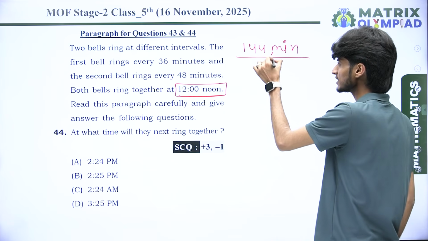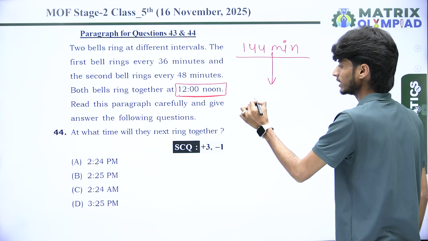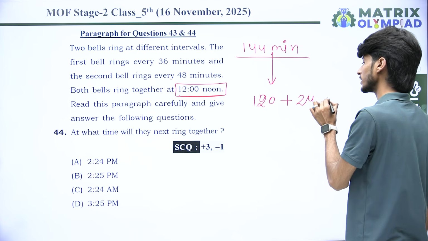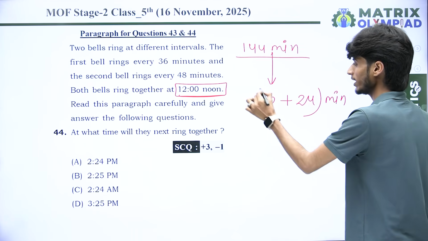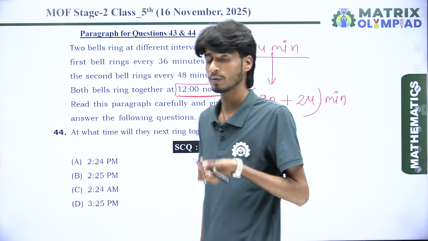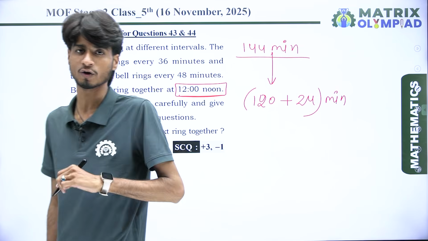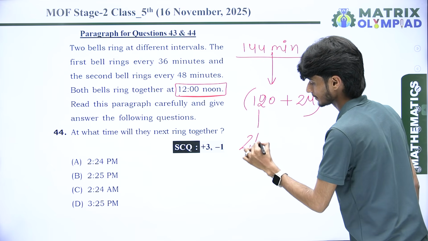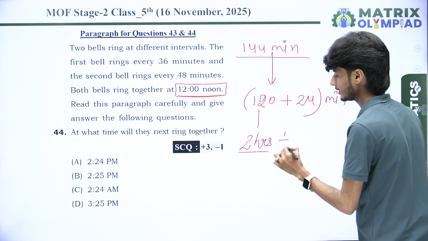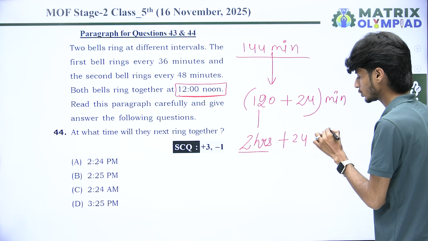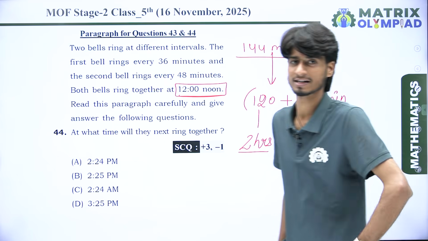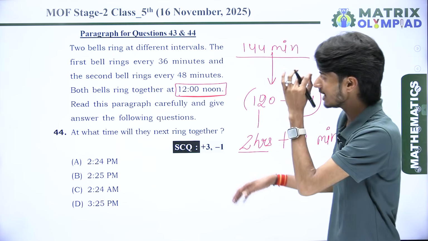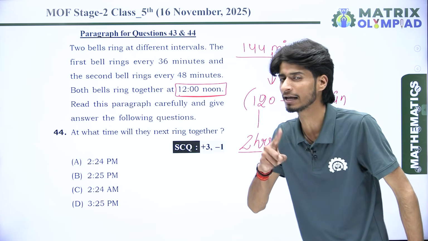So tell me, what is the meaning of 144 minutes? That means 120 plus 24 minutes. Yes or no? 120 plus 24 minutes is equal to 144 minutes. Okay. 120 means 2 hours. Yes or no? So 2 hours and 24 minutes represents 144 minutes. Yes or no? So now we have 12 noon when they ring together.